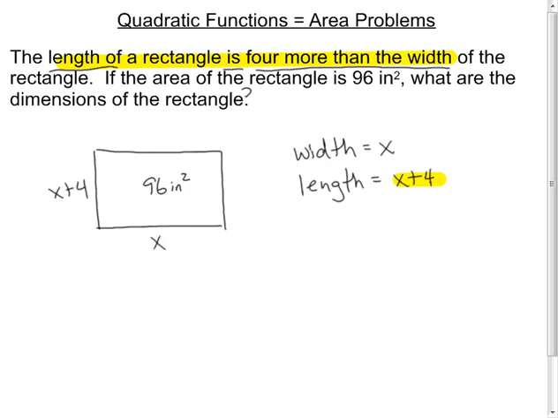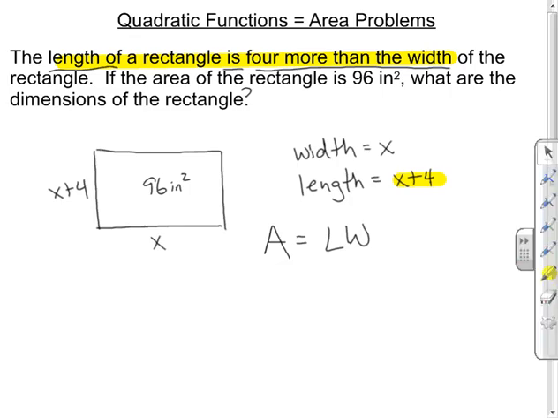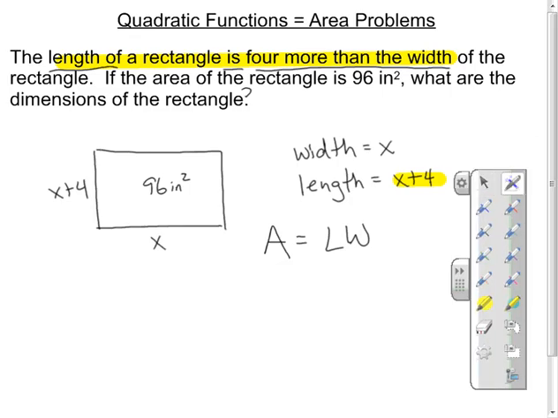Now, the important part here is to know that for a rectangle, the area is the length times the width. So that being said, we just plug in the pieces that we have established or know, and we see that the area is 96. So we're going to write 96 here, pull down the equal sign.